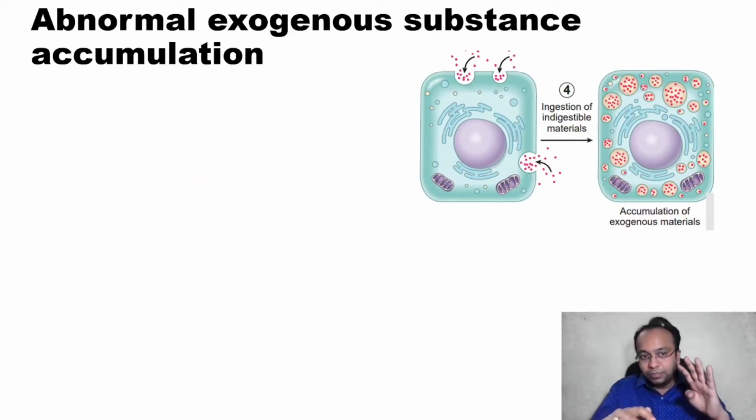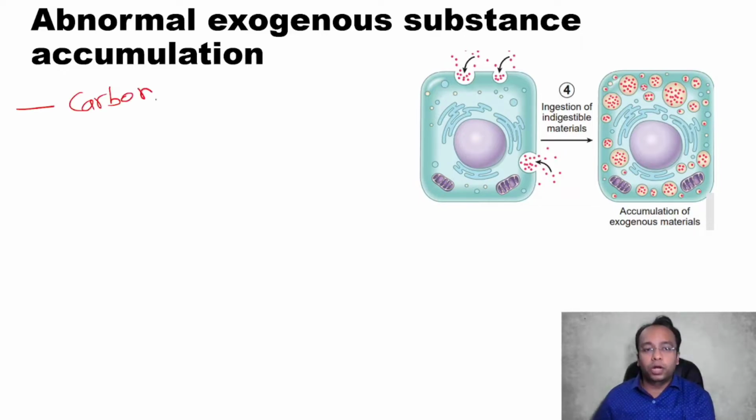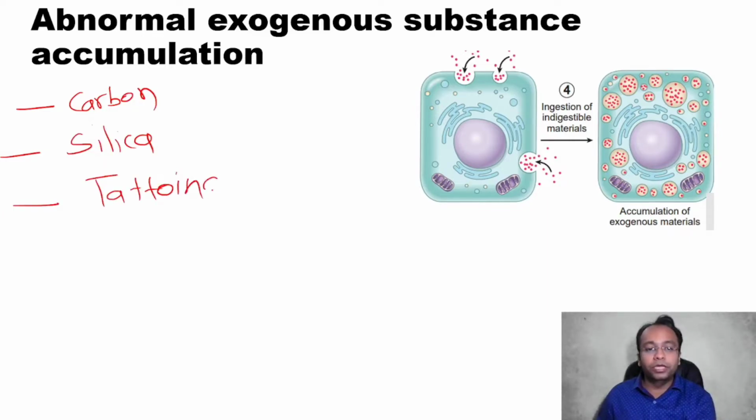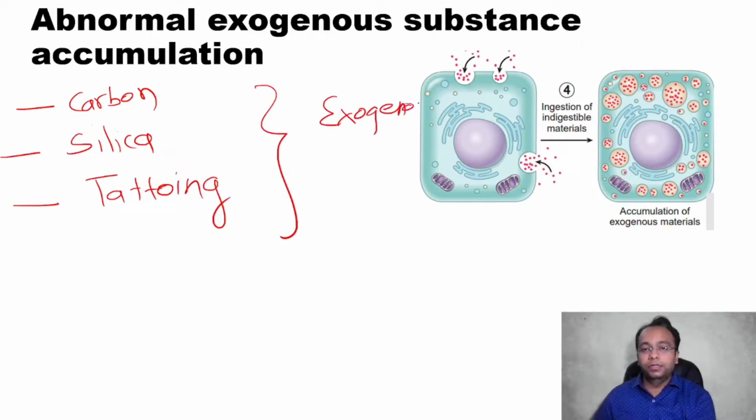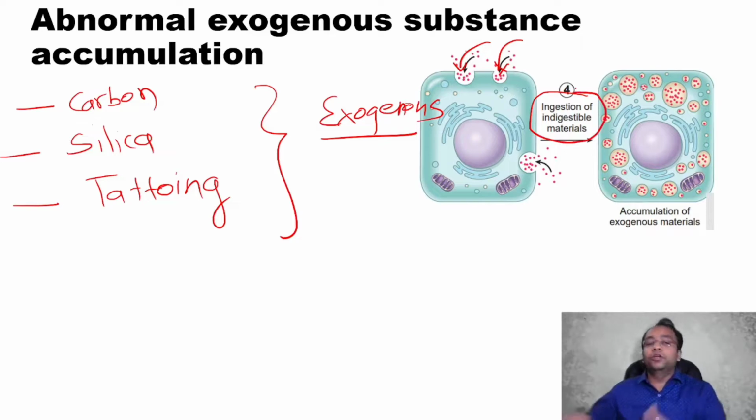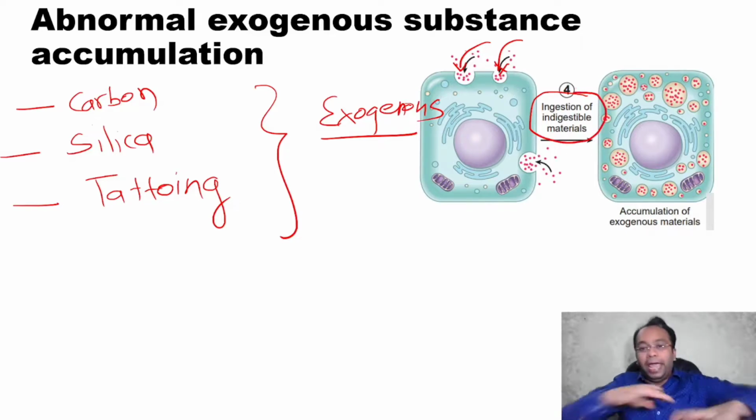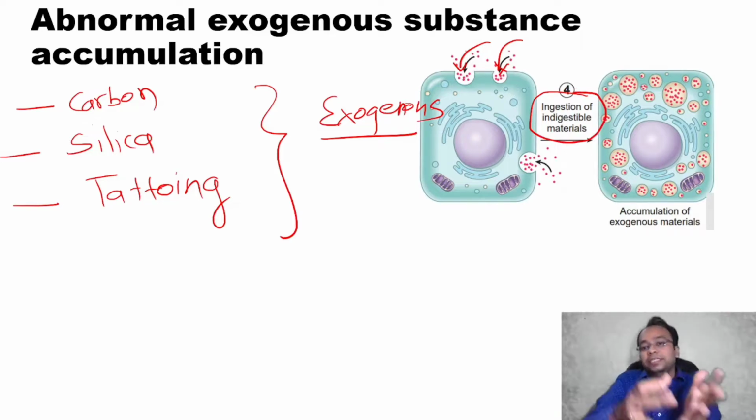The fourth mechanism is abnormal exogenous substance accumulation. This is a very interesting mechanism. See, suppose any patient is exposed to carbon particles, or exposed to silica particles, or has done tattooing over their body, then all these substances are exogenous for us. They are the exogenous substances. So if they get entry into the cell, then they are indigestible material, because the body doesn't have any enzyme or any mechanism for the digestion of these exogenous substances.